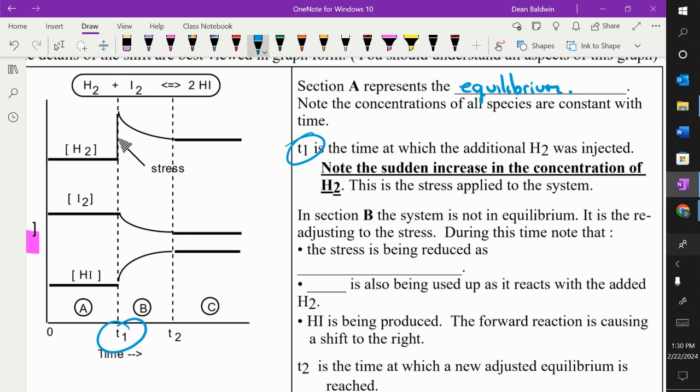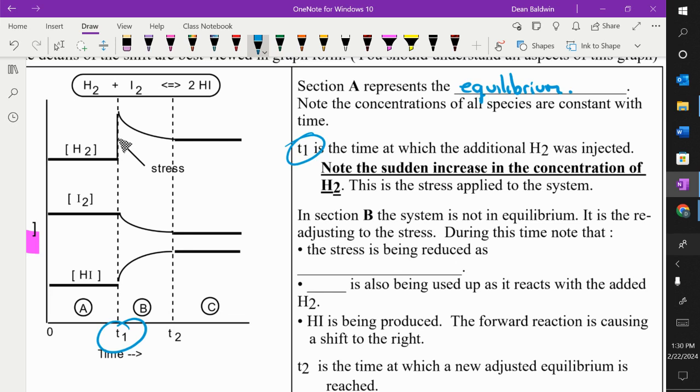As it shifts to the right, that hydrogen gas gets used up in the reaction, so it comes down. But because it's going right, it's also using up I2. So the I2 concentration decreases as well, and the HI increases. Okay? And then it reestablishes equilibrium where everything is flat.